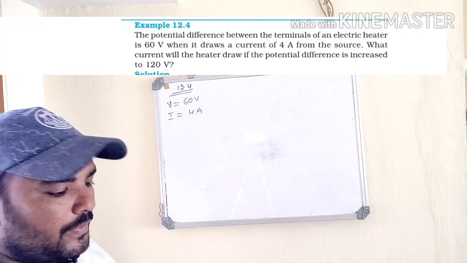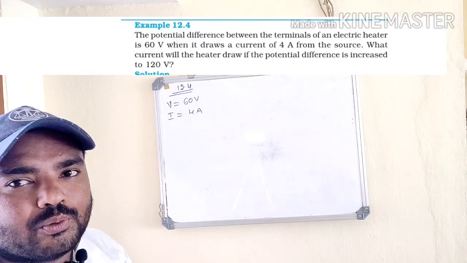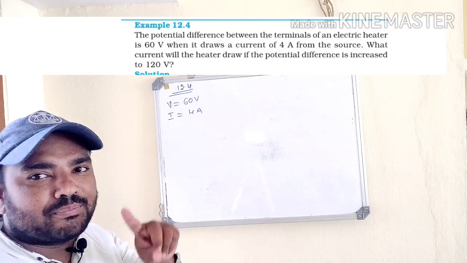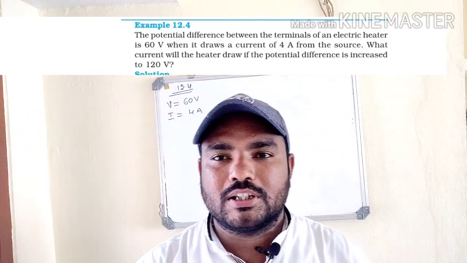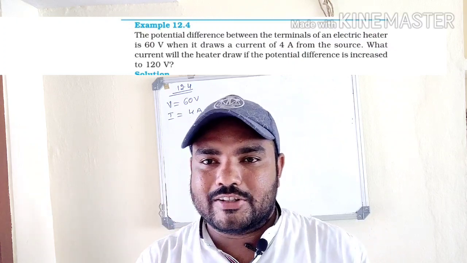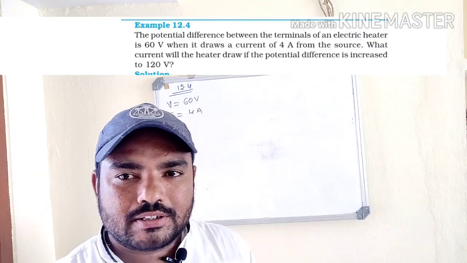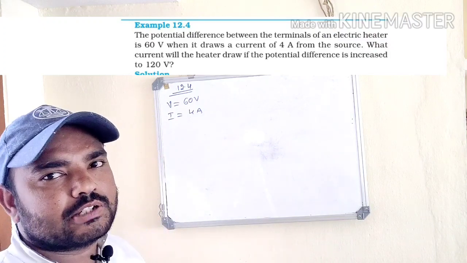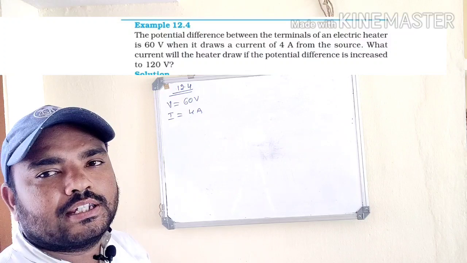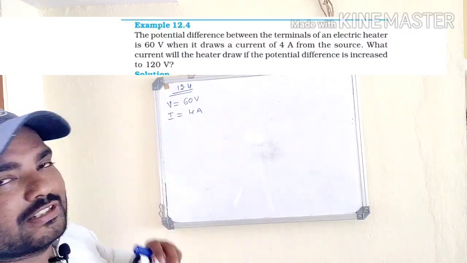I just want to tell you one thing: we don't know the electric heater's resistance. I told it in the previous numerical also, each and every device has its own resistance, children. First we need to know the resistance of that device. Which device is there here? The electric heater. So let us first calculate the electric heater's resistance based on this data.